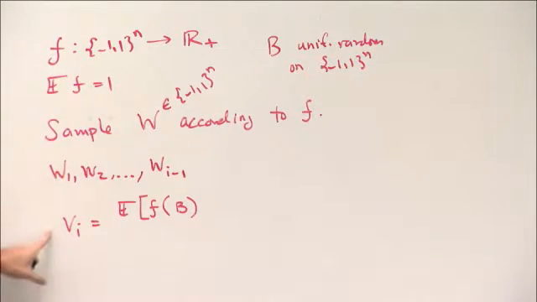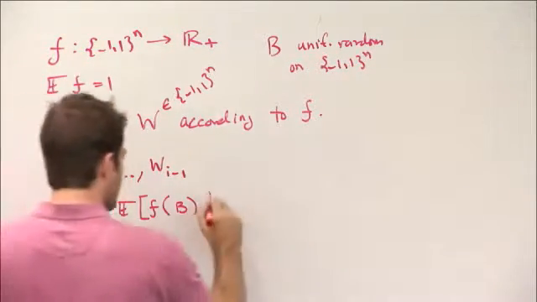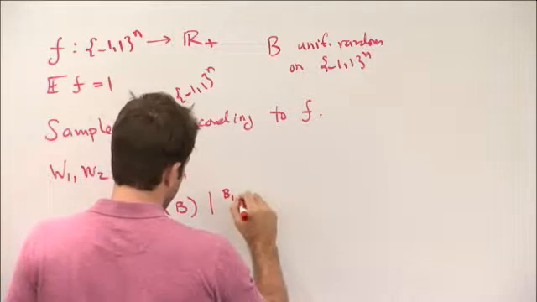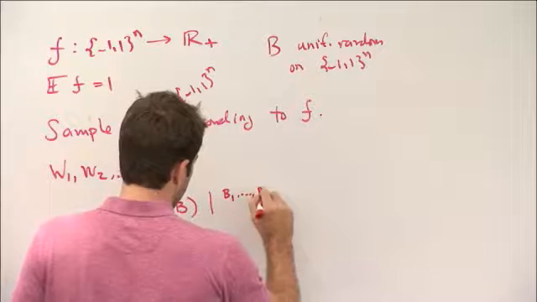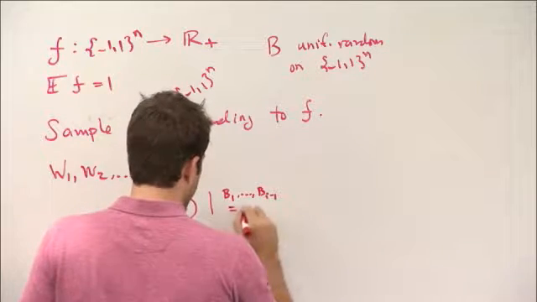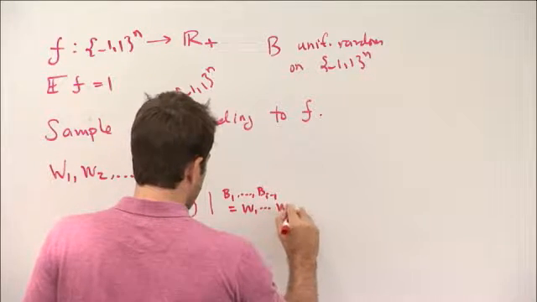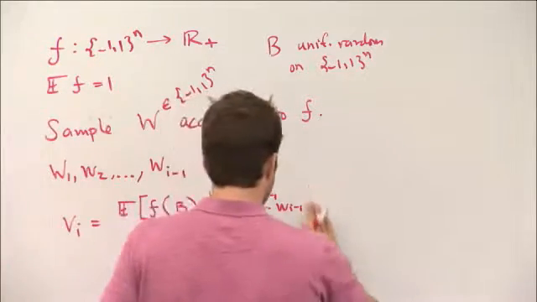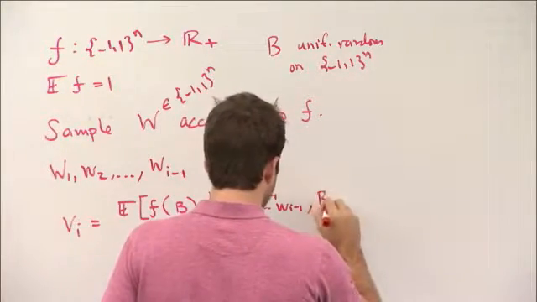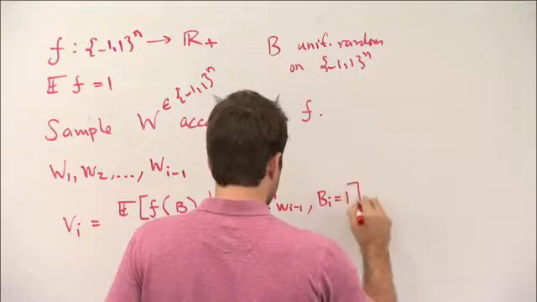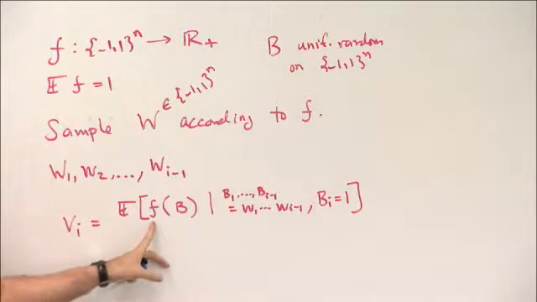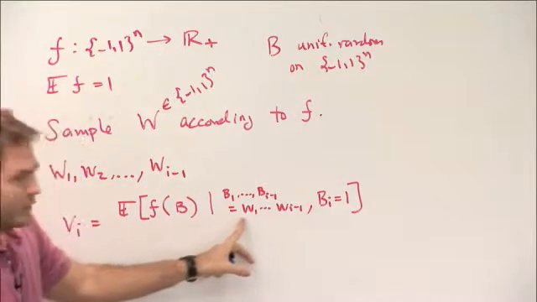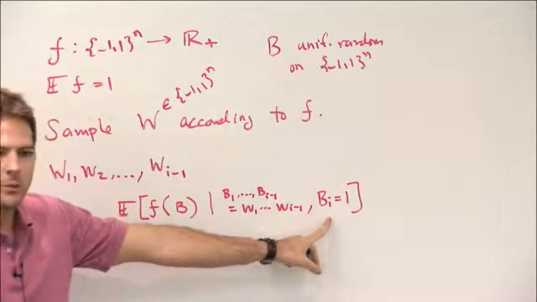So Vi will sample according to a uniformly random bit, given the past samples we've made. This is the expected density at a random string if we keep what we've gone so far and set the ith bit equal to 1.